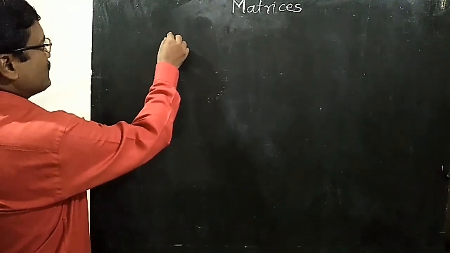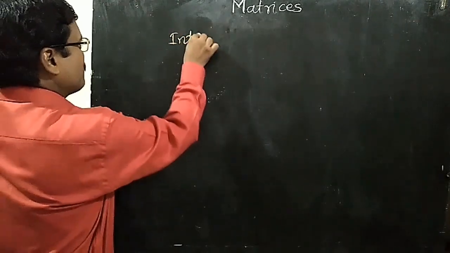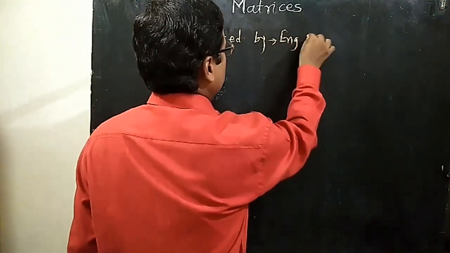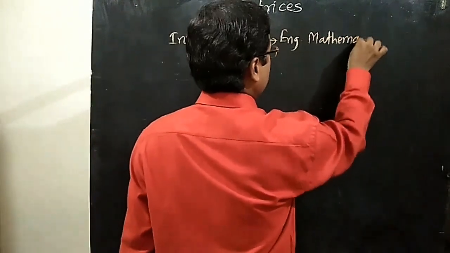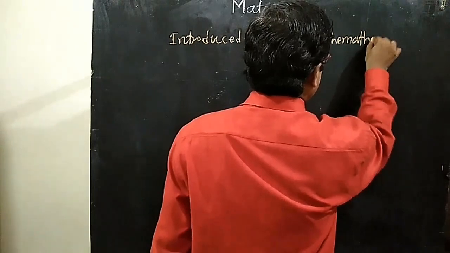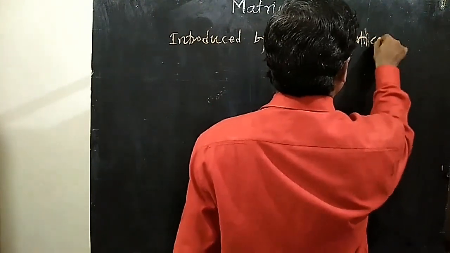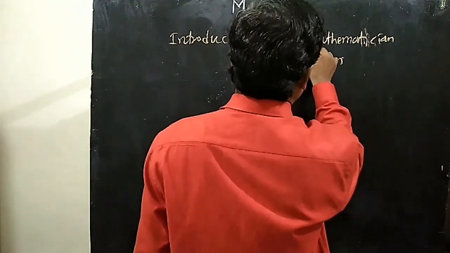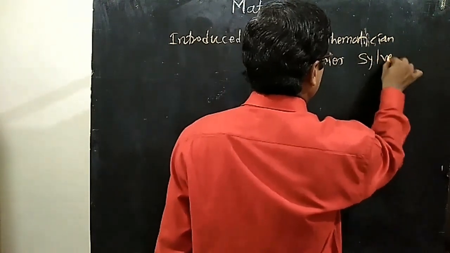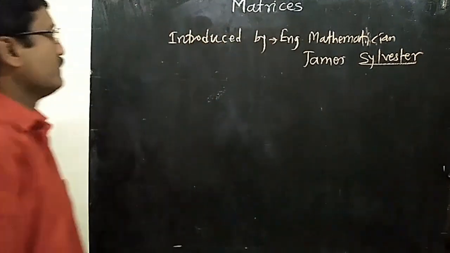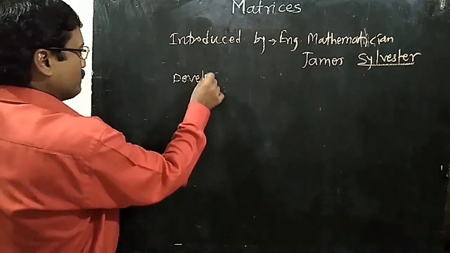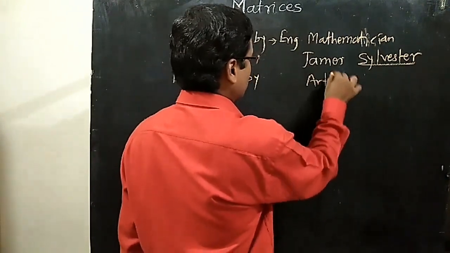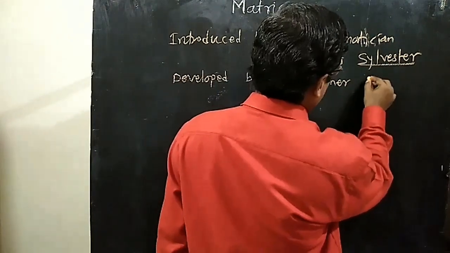The matrix was first introduced by English mathematician James Sylvester, and that introduction was developed by the great mathematician Arthur Cayley.